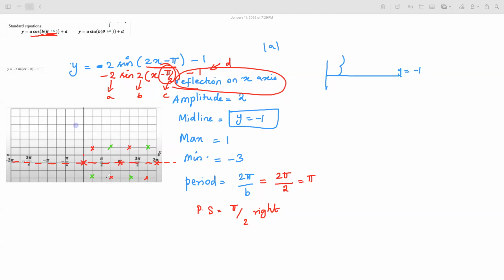Pi by 2 to the right means everything moves pi by 2 to the right. Then the green moves here. So we go ahead with these points.